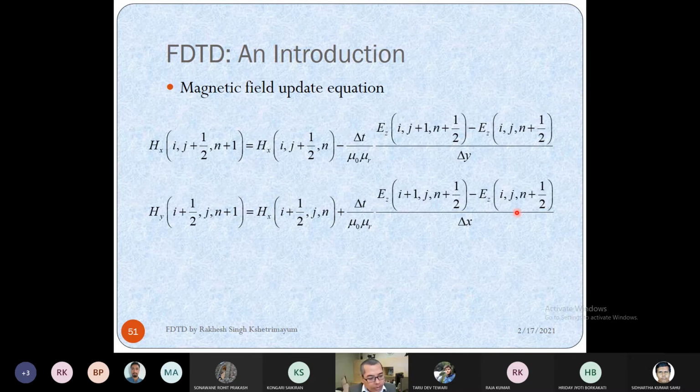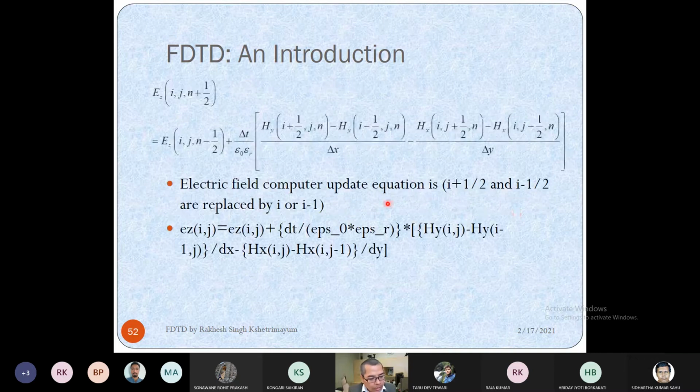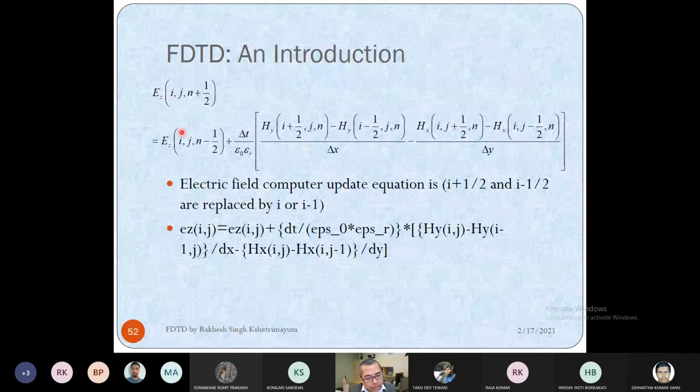So if you want to write the computer update equation, you cannot have this half here. So n plus half and n minus half, this you put it in a loop. If you put it in a time loop, then if you calculate Ez at n plus half is equal to Ez at n minus half, it will be automatically taken care of.